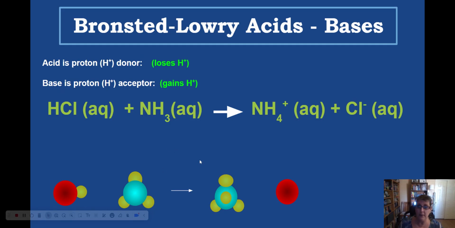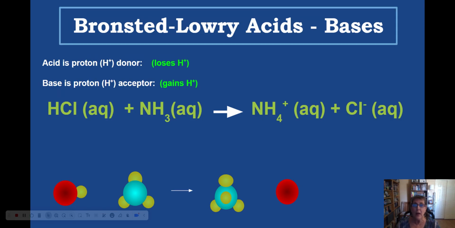That's what happened, right? We don't have the yellow dot or H on the red circle anymore over here. It's gone. So the hydrogen transferred from the Cl to the nitrogen and made NH4 plus and Cl minus.